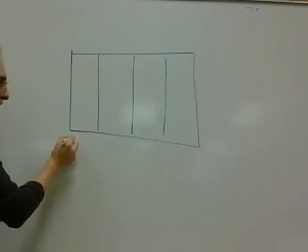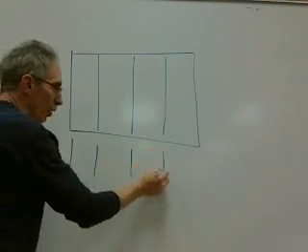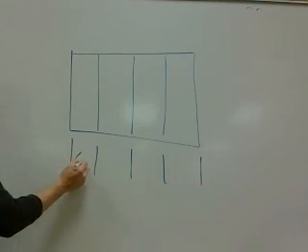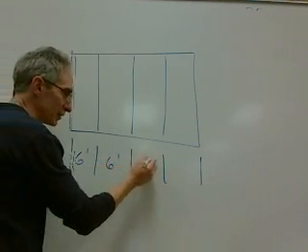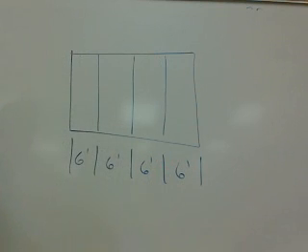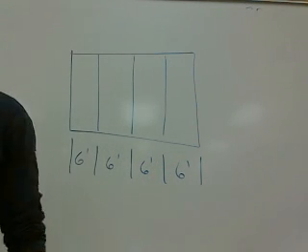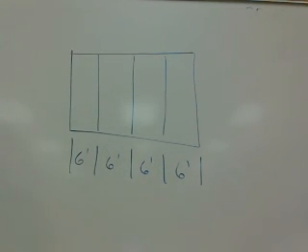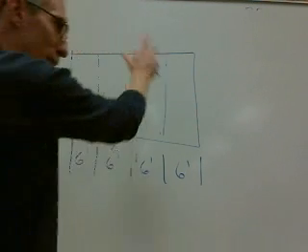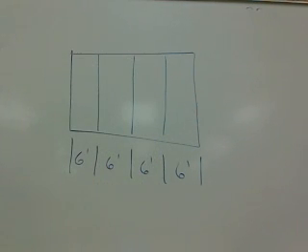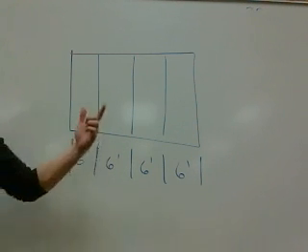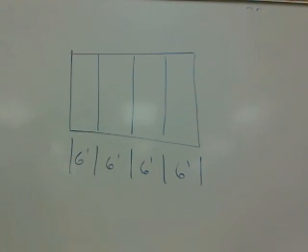Now a lot of times in our line of work, we like things to be evenly spaced. It doesn't happen all the time, but a lot of the times when we look at a framing plan, we like the beams to be evenly spaced. So here, maybe these are steel beams, and maybe they're 6 feet apart.